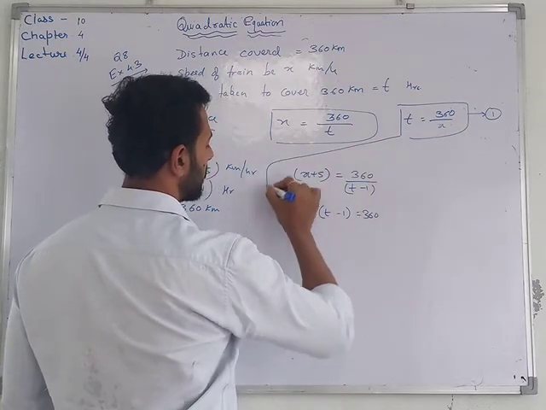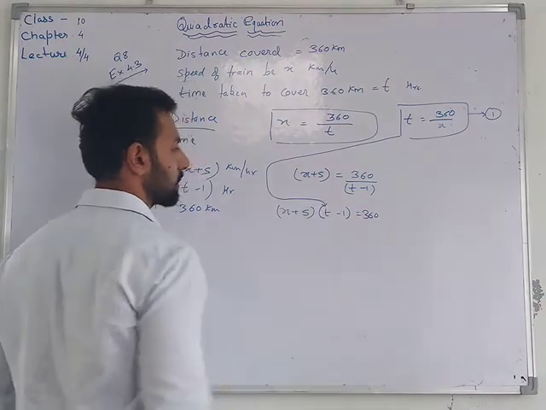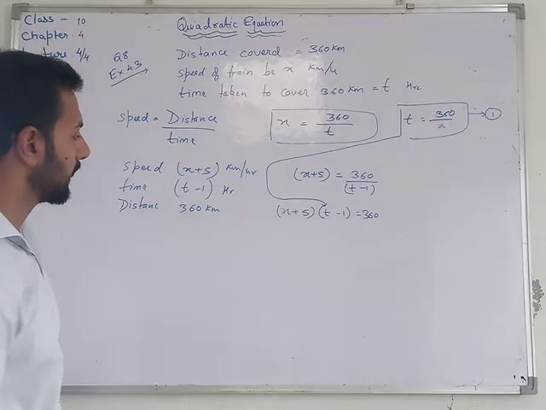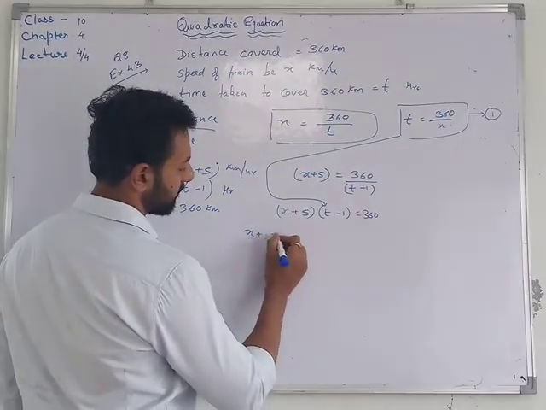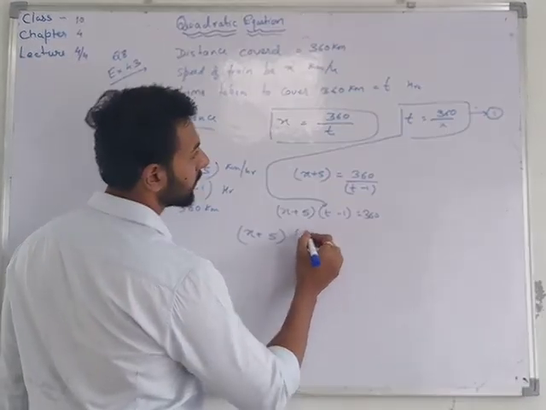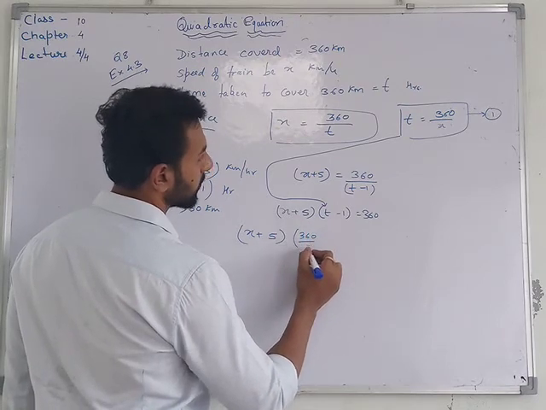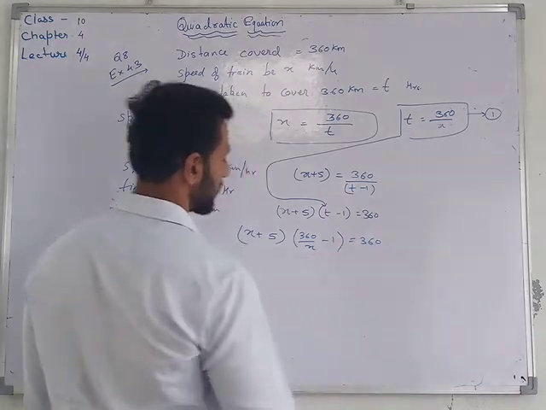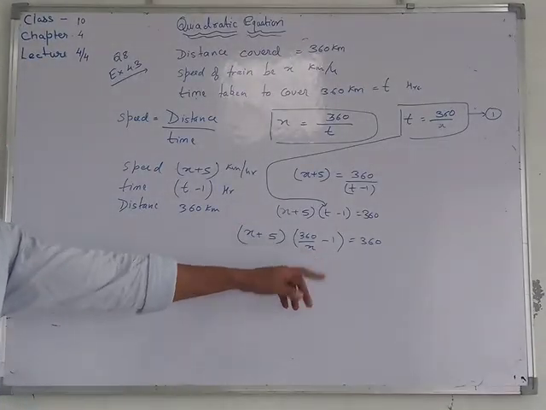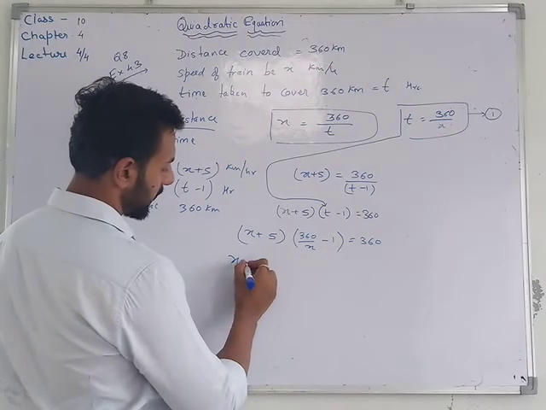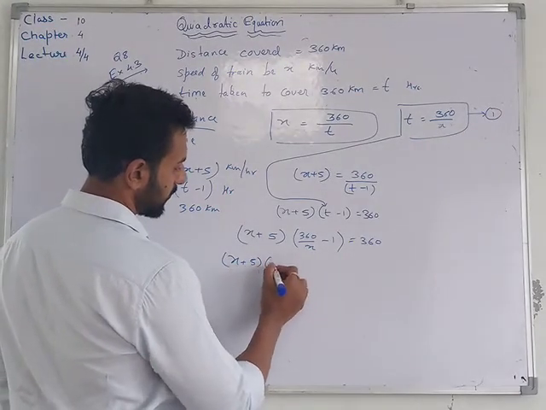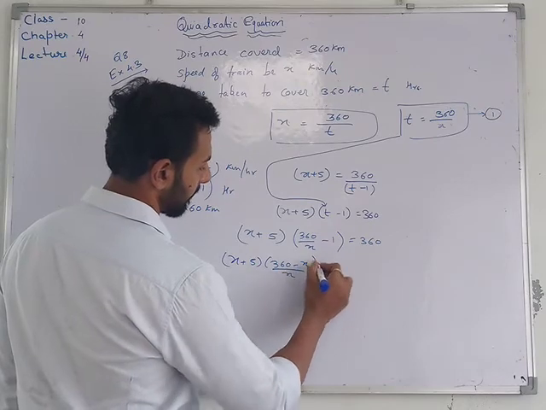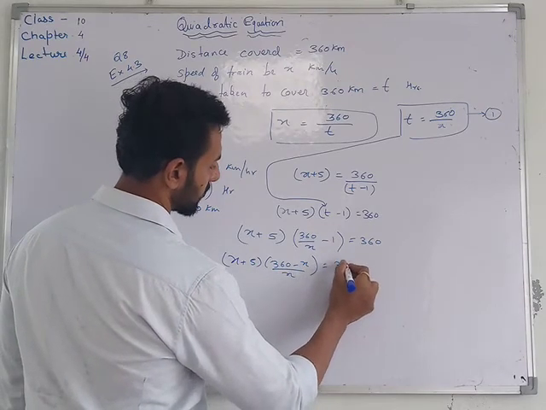Substituting the value of t from the first equation, we get x plus 5 into 360 by x minus 1 is equal to 360. Taking the LCM and solving this, x plus 5 into 360 minus x upon x is equal to 360.